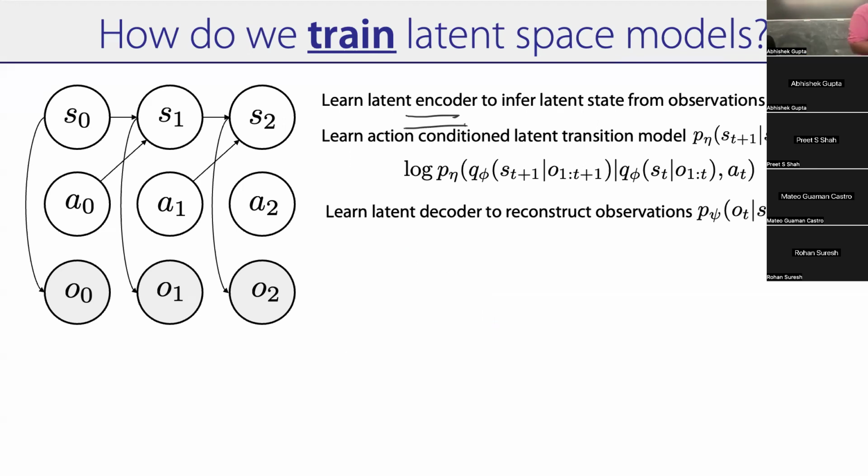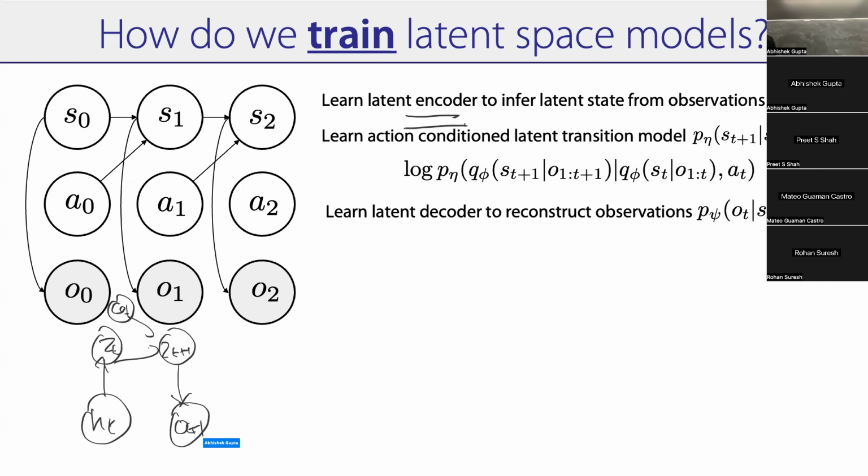Got to be a better way than redrawing this every time. So you have HT goes up to ZT, ZT and AT go to ZT plus 1, and then your decoder goes back to OT plus 1. So you have an encoder and latent dynamics. This is trying to say: take your history, predict the latent space, predict the dynamics in the latent space, and the dynamics in the latent space does reconstruction.